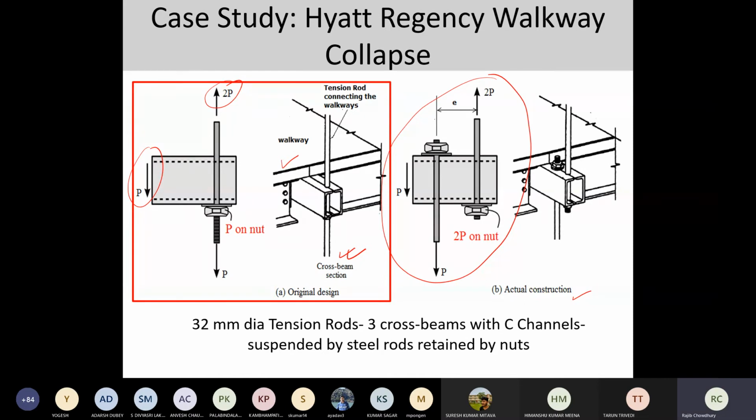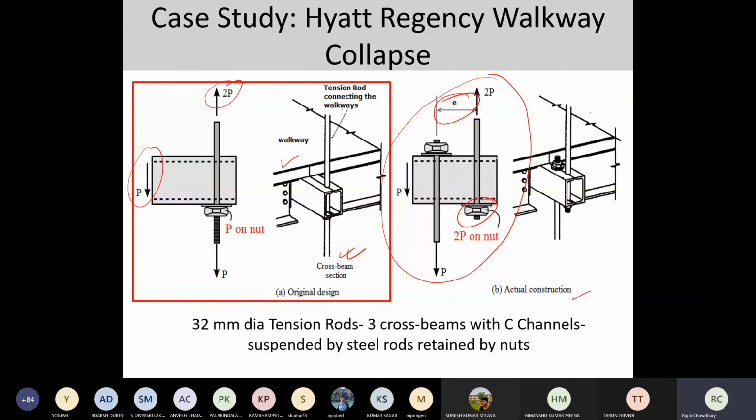Now can you look into that? Even the forces are not balanced properly. Even if I say the forces are balanced, fantastic, but there is a couple being formed.